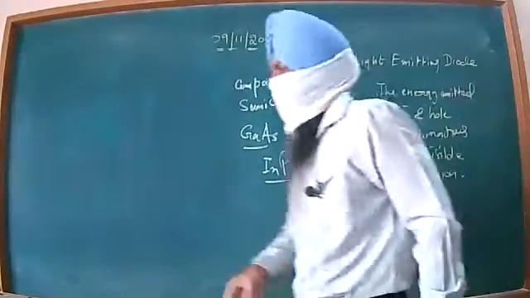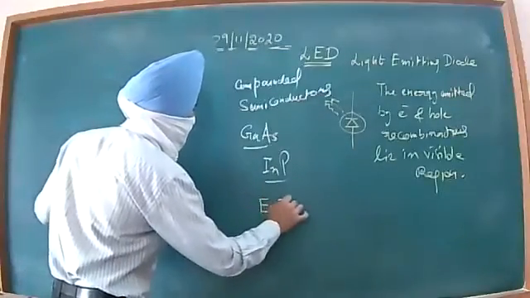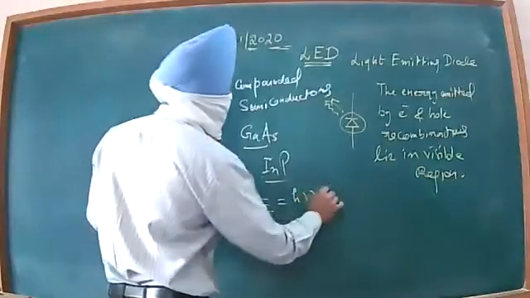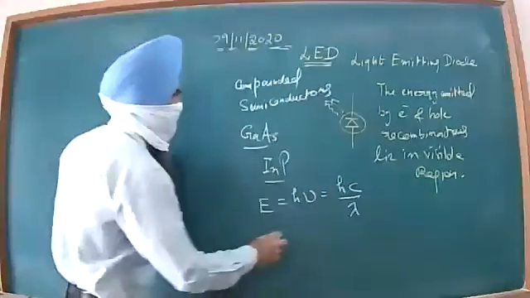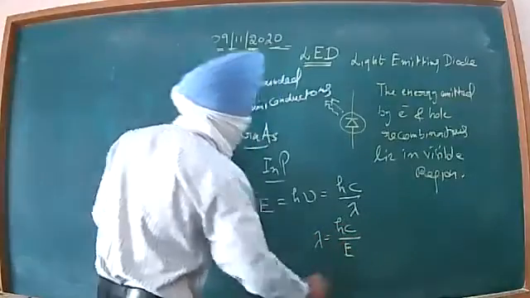I will again have this view with me, that energy is equal to h into nu, which is hc by lambda. Lambda is equal to h into c upon E.